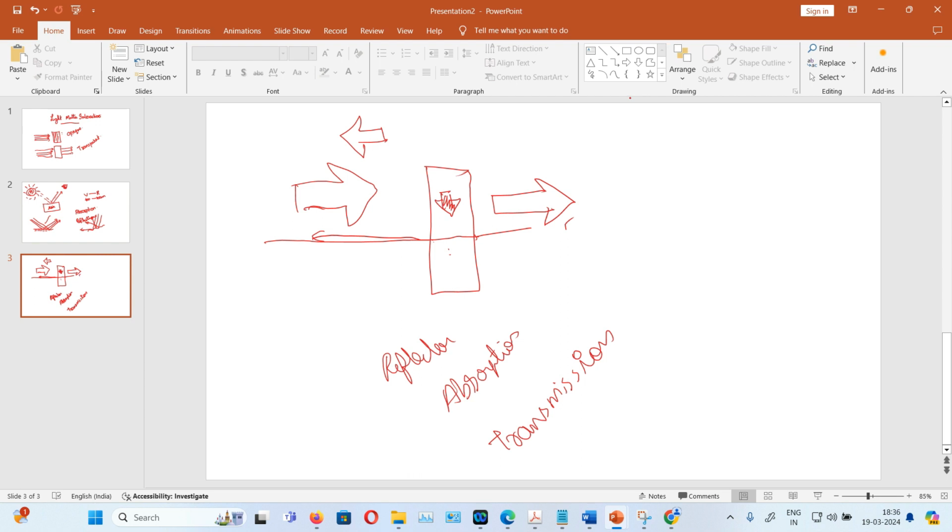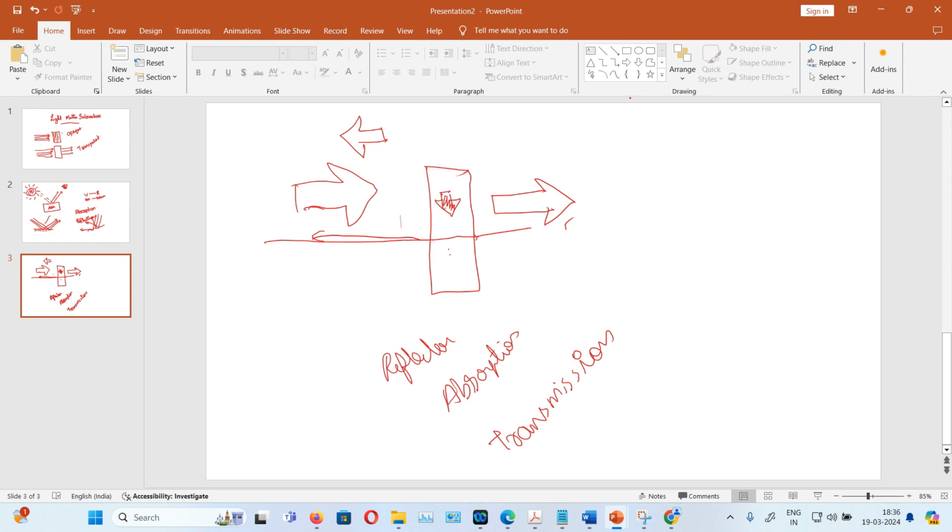So you can see that the transmitted light will be a combination after removing this reflected component as well as this absorbed component. That's why sometimes this transmitted light will be much diminished, because most of the energy or the photons are actually absorbed by the material itself.